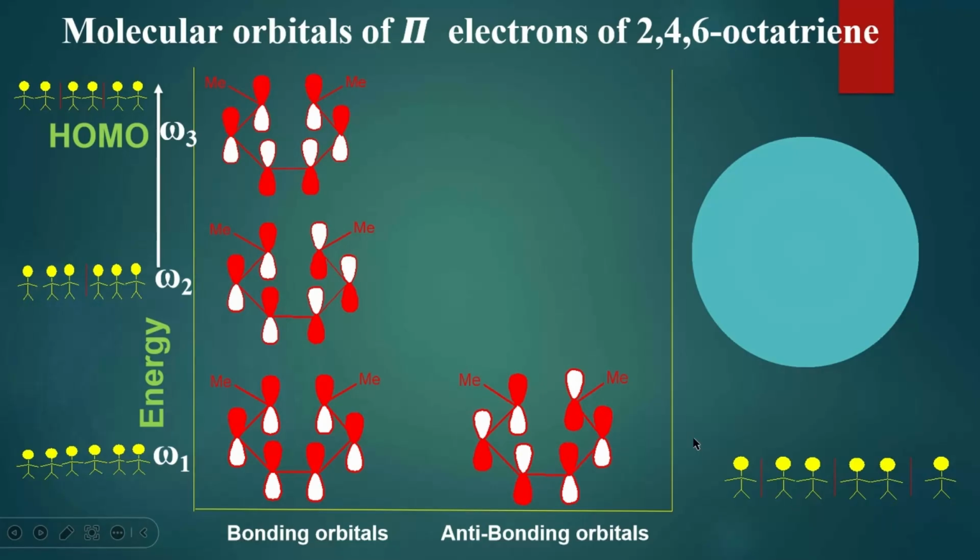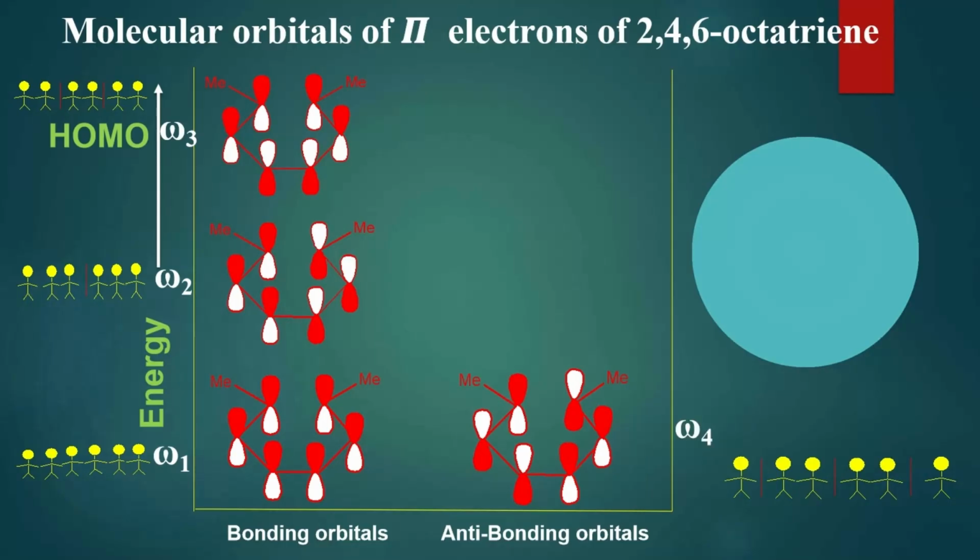The first one and the last one are opposite to each other. The second and third are in one phase, which is opposite to the first p orbital. The 5 and 6 are in a similar phase, which is opposite to the 3 and 4. This is represented as psi 4.